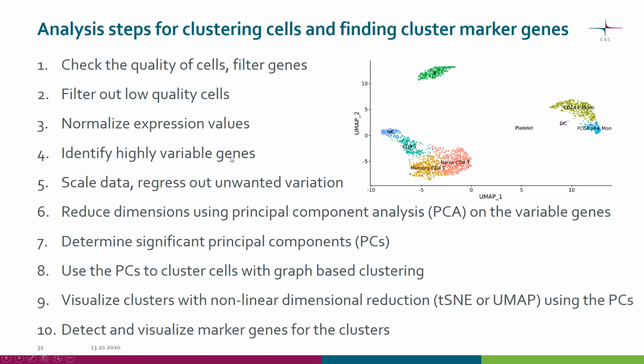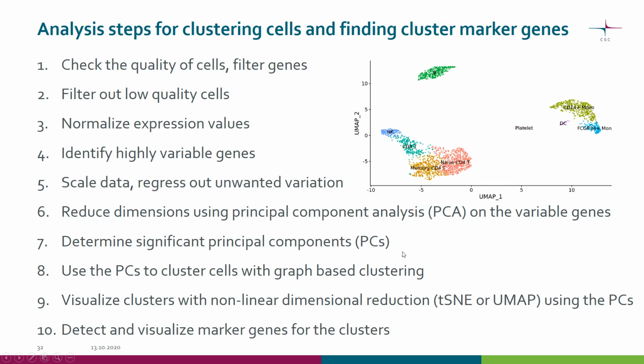And it is these genes that we then use for principal component analysis or PCA. But before that, we need to scale the data so that the highly expressed genes wouldn't dominate. And at this point, we can also regress out unwanted sources of variation, which can be technical or even biological, like a cell cycle stage.